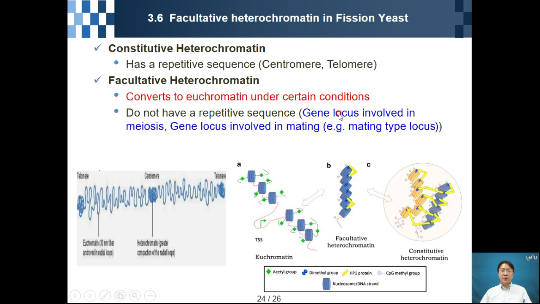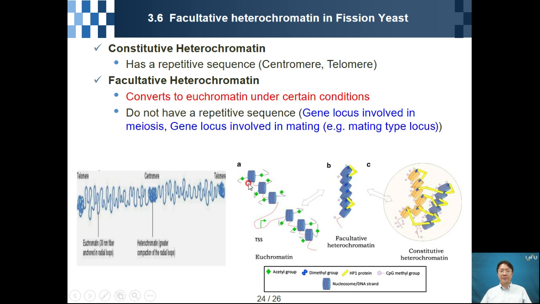Usually the gene loci involved in meiosis and also gene loci involved in mating, for example, the mating type locus, are within the facultative heterochromatin. So their location may be somewhere in this region.